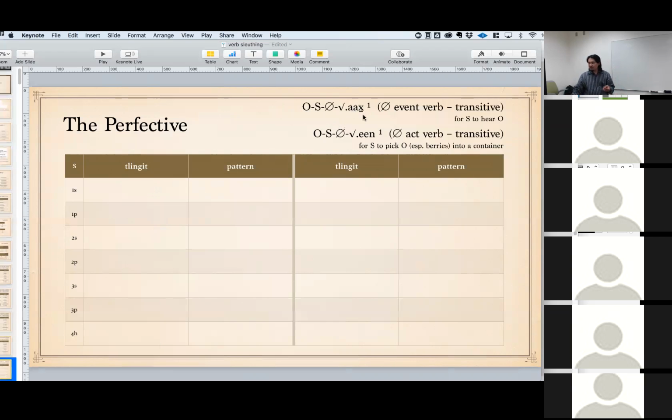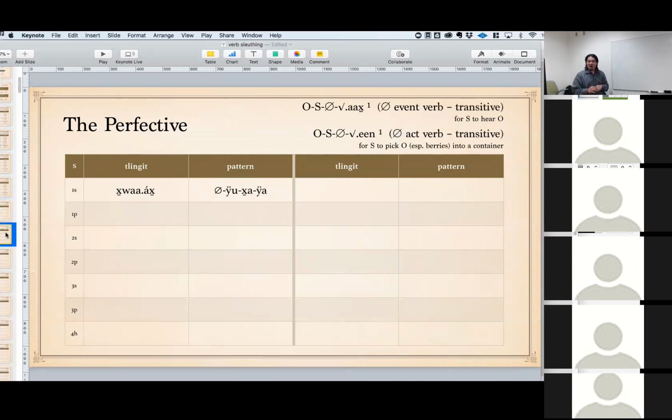Ach is a closed stem. Zero classification, zero conjugation class, so it should be short and high. So you had hua-ach, but we should expect hua-ach.